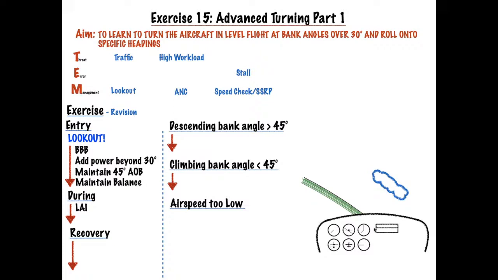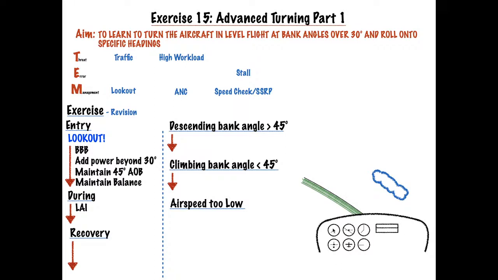And then we check the instruments, make sure we're at 45 degrees, and we make sure that we are not descending or climbing, and we're making sure that we're getting close to our heading or how far away we are from our heading. Although the best way to do this in VFR is visually looking for that reference point that we've picked before we start the turn. If you try to go by the heading indicator, it's going to be a lot harder to turn on to the correct heading.